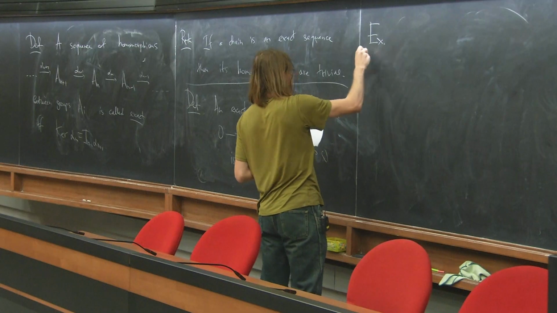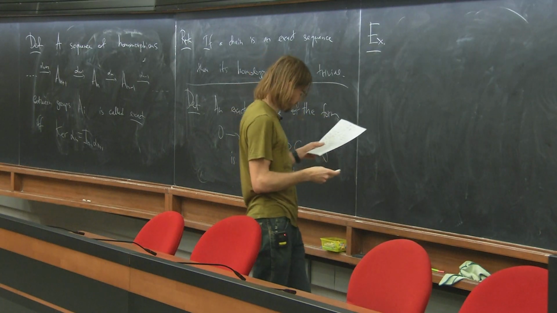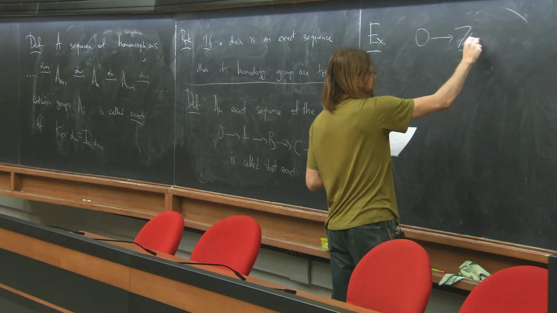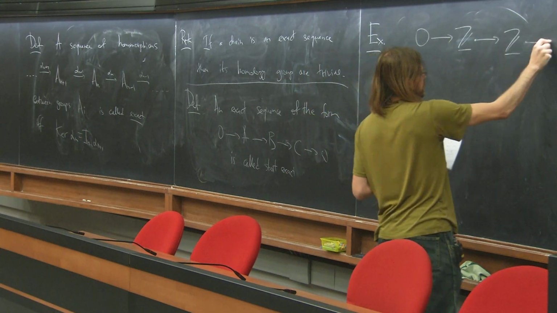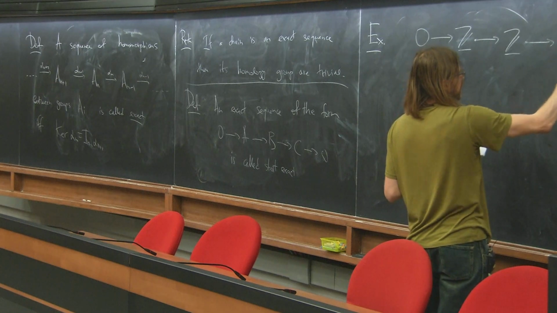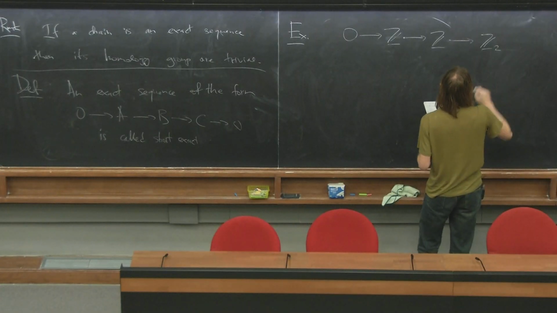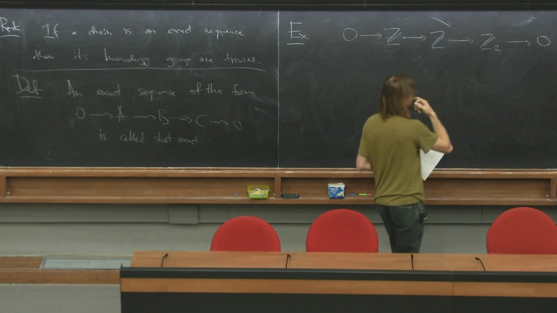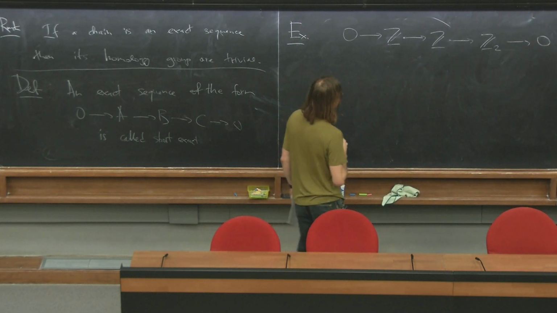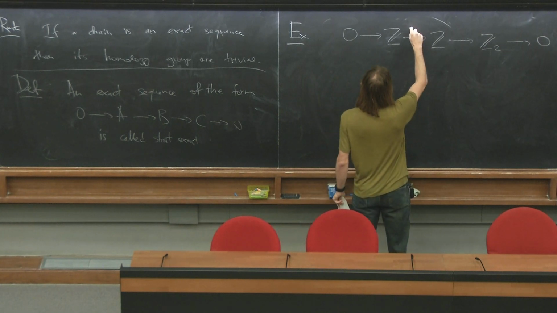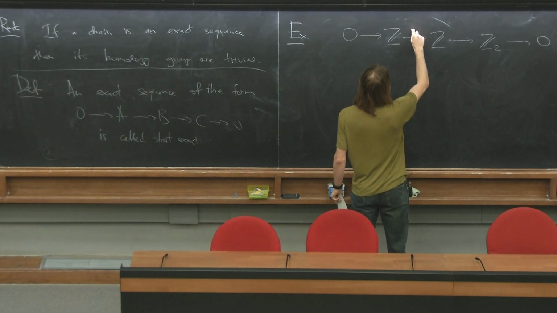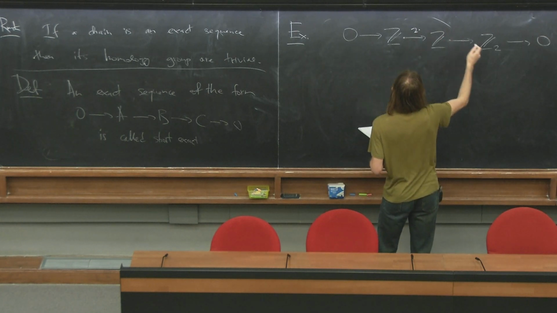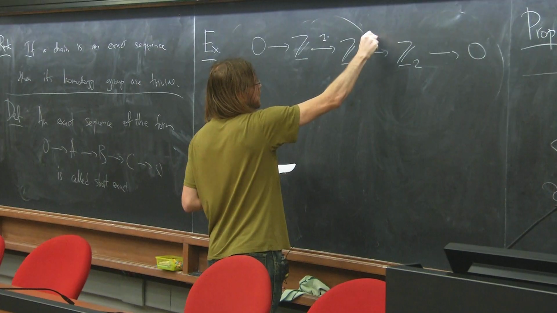Let me give you some simple examples of short exact sequences. The first place is Z, the second place is also Z, and the third place is Z2, a cyclic group with 2 elements. The first map is multiplication by 2, and the second map takes a number mod 2.